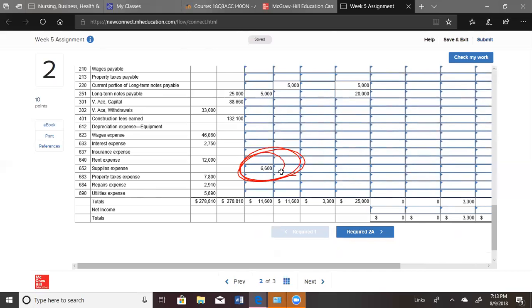Oh yeah. Okay, so the supplies expense subtracted from the supplies. No. I don't know what you're thinking. Way too difficult. So on the actual trial balance for supplies in this column, what's the debit and what's the credit for supplies?